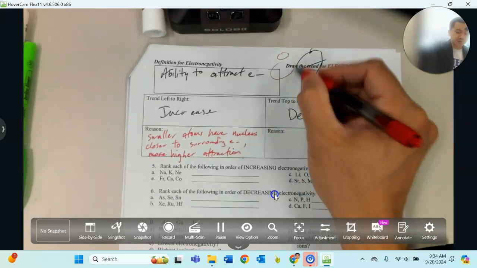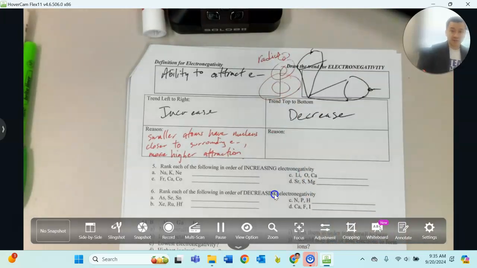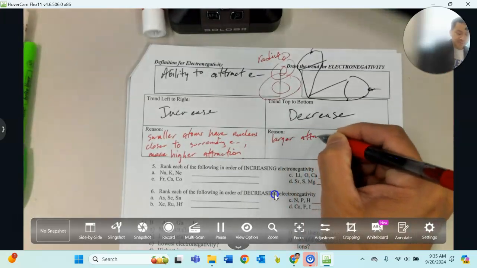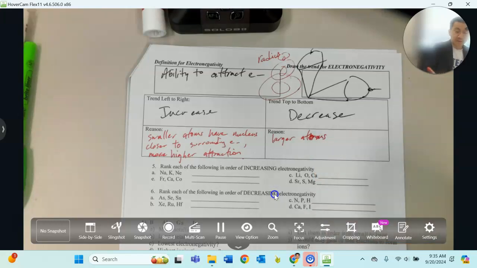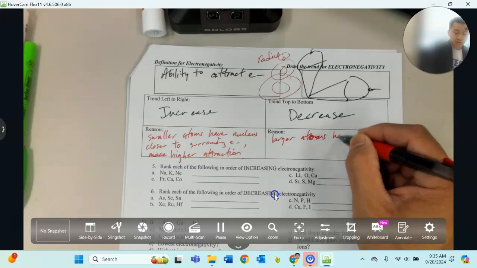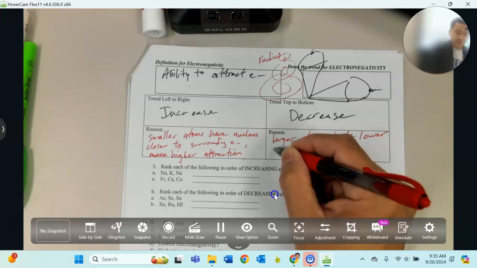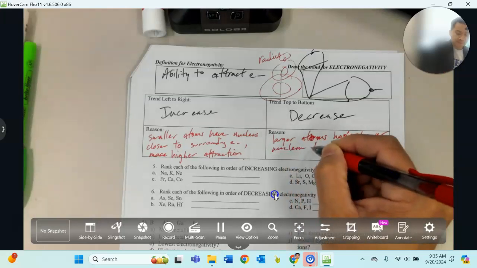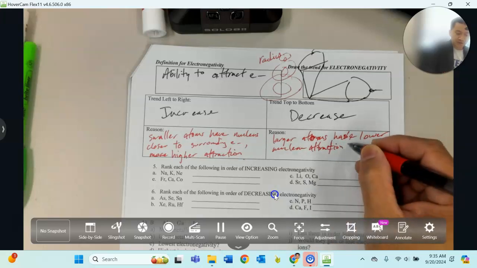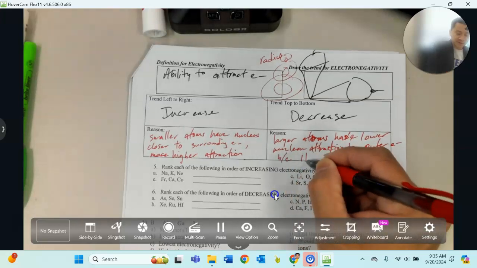Remember, the size of the atom gets bigger as we go down. The radius. Okay? Talking about the radius here. As we go down, the radius gets bigger. So then, the larger atoms have lower nuclear attraction to outer electrons because it's further.